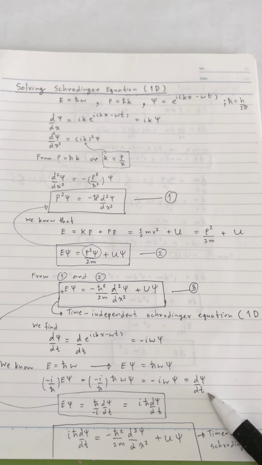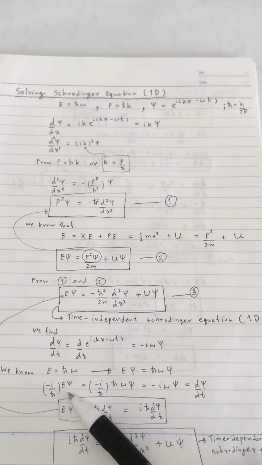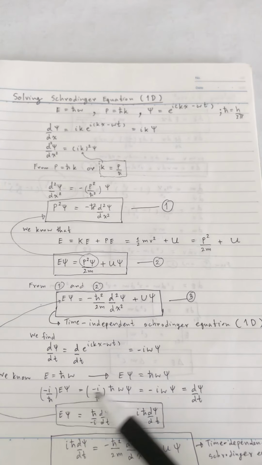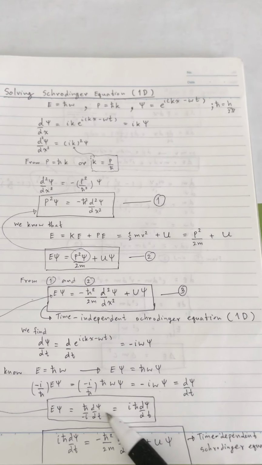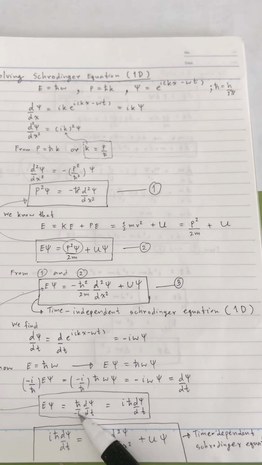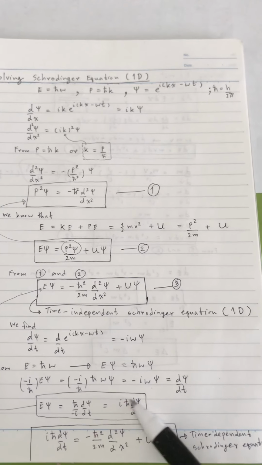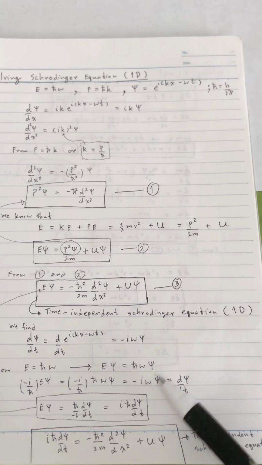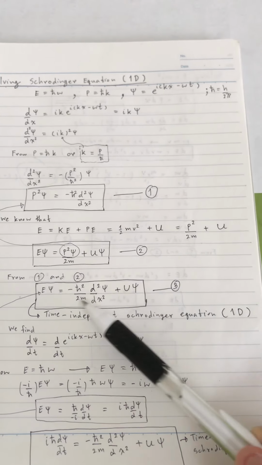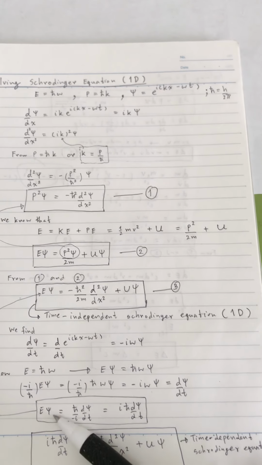And then we rearrange this equation again by moving minus i to this side and h bar to this side here. So finally you obtain this one. And for this, we can move i to the top, as you can see here, and from equation 3 you can see this term is E psi, and this is E psi, right?